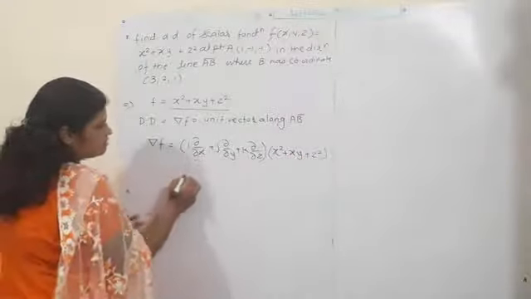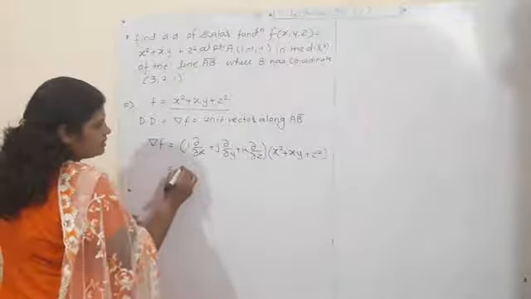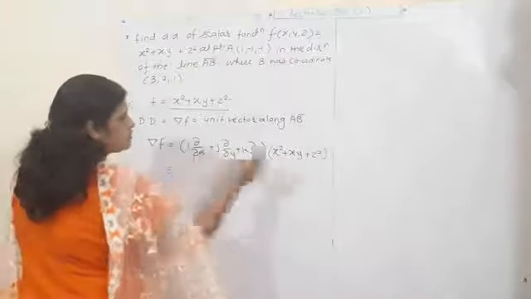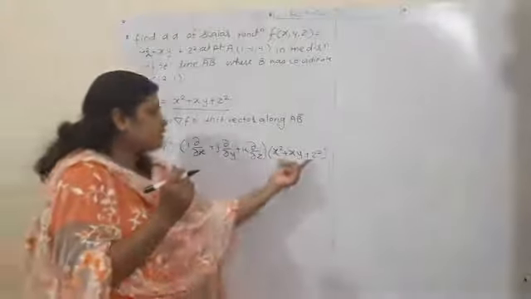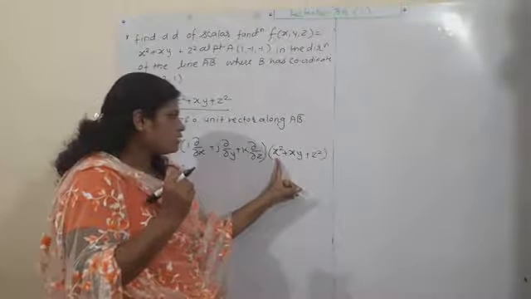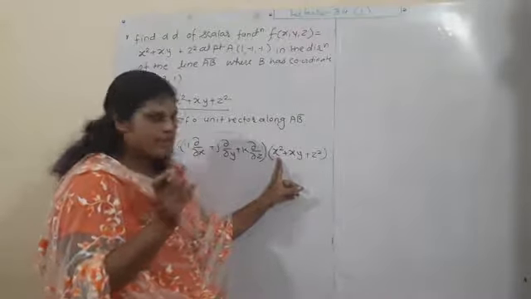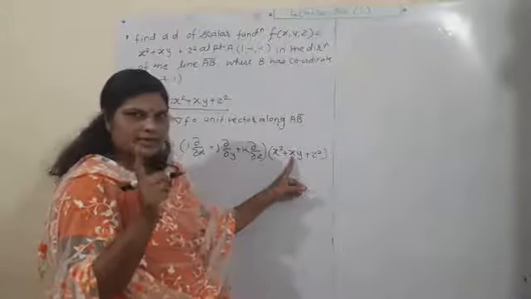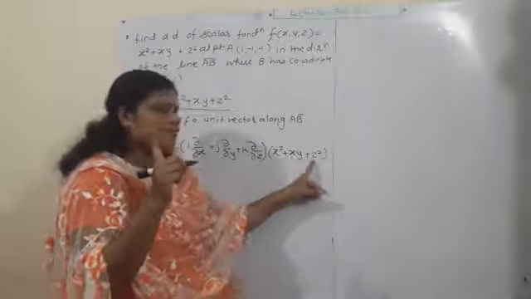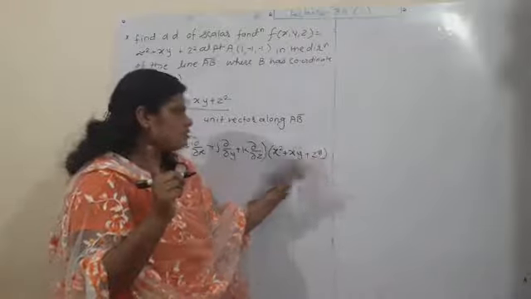First we take the partial derivative with respect to x. The derivative of x square is 2x, plus the derivative of x is 1, and the z square term has no x, so its derivative is 0.